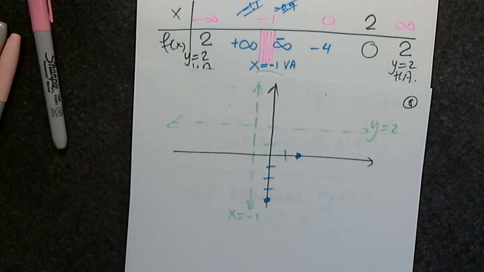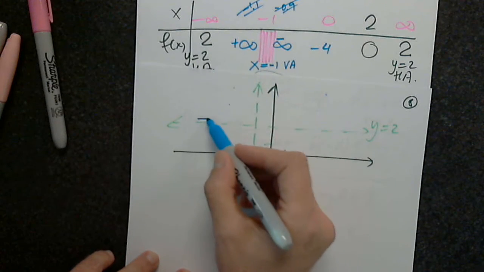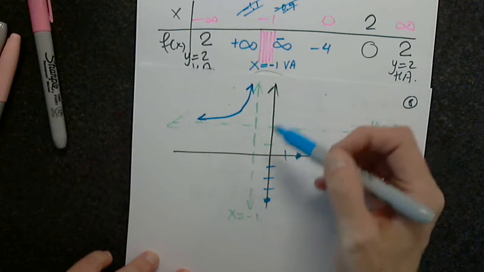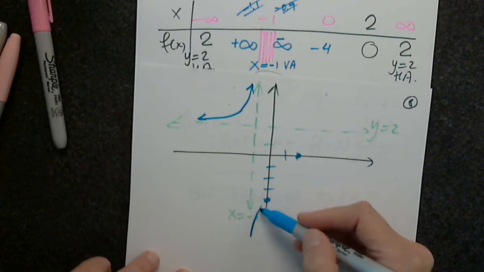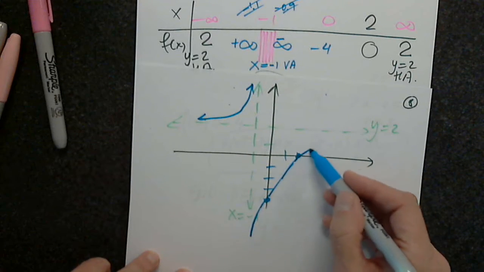On the other side, it's coming from negative infinity. It's crossing the y-axis, crossing the x-axis, approaching 2. One more time: from 2, approaching infinity. From negative infinity, crossing the y-axis, the x-axis, and approaching 2.